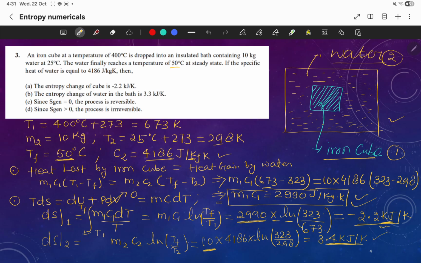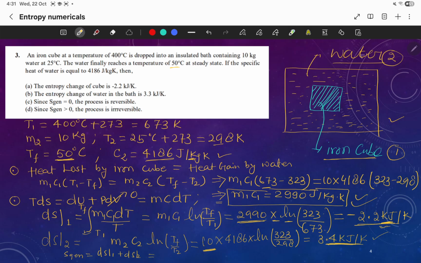Now let's see what the total entropy change, or S generation, will be. S generation is the summation of dS1 plus dS2.